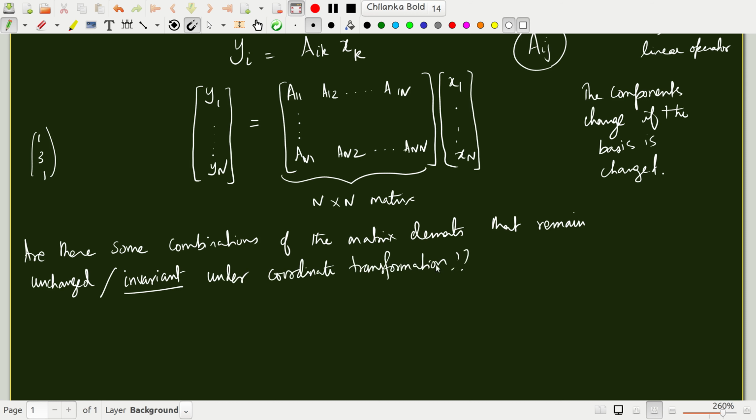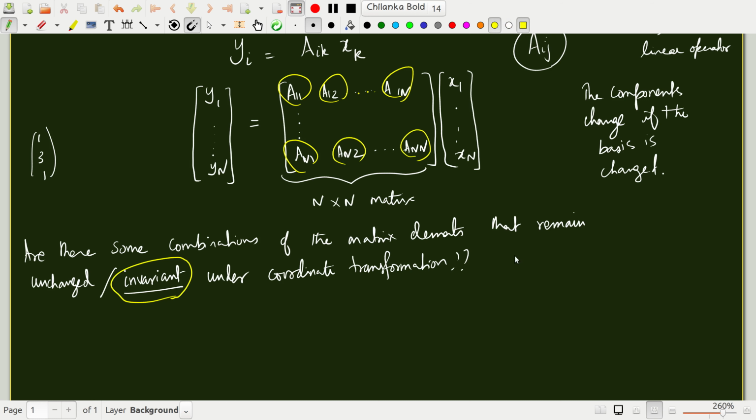You can ask this question. In general, of course, these entries a11, a12, a1n, and all these entries will change. The numbers that represent these entries will change if you change the basis. Now, are there some combinations of these matrix elements which remain invariant under coordinate transformation?